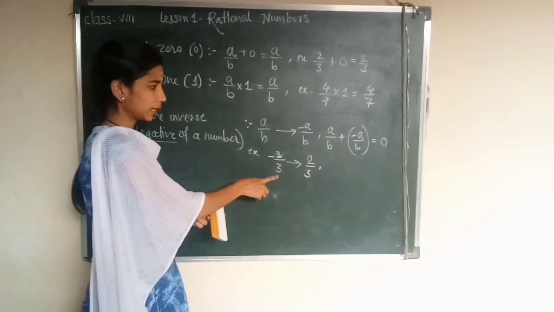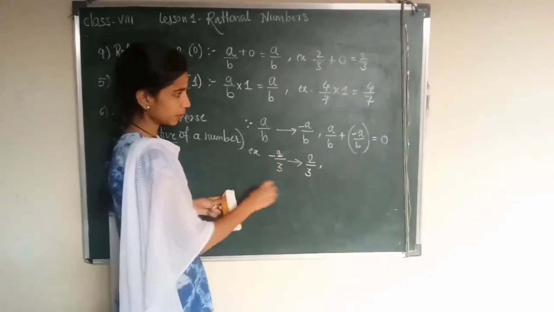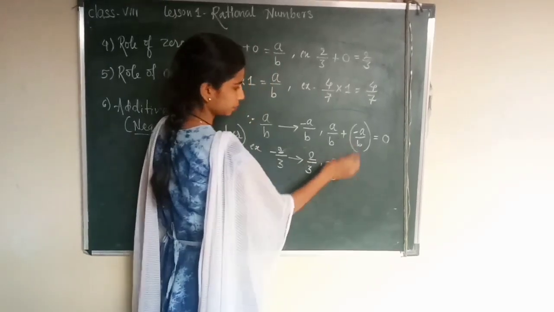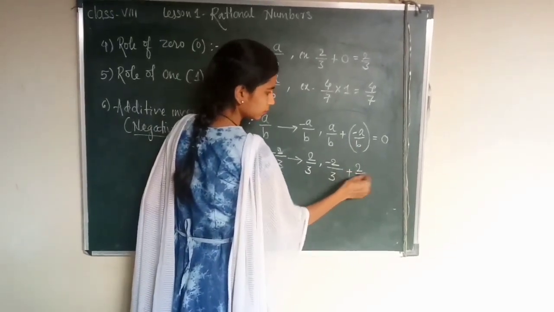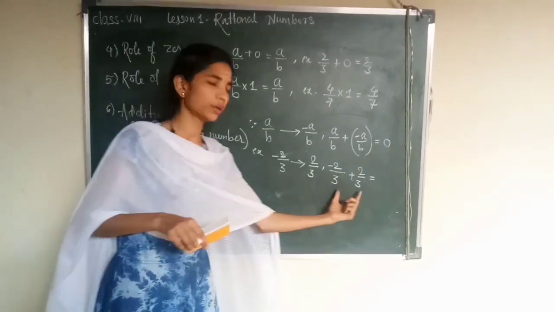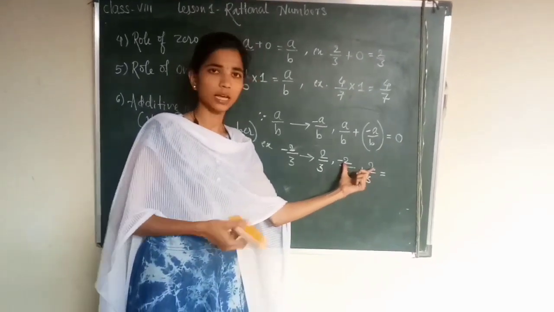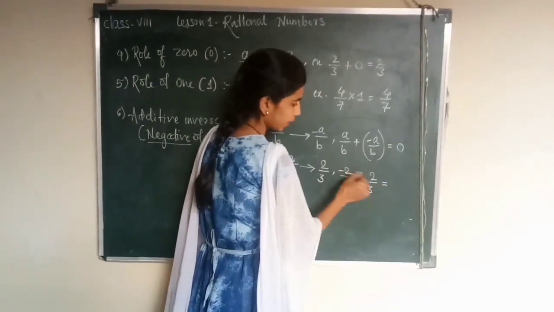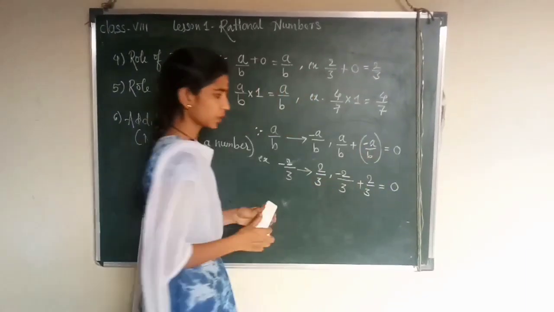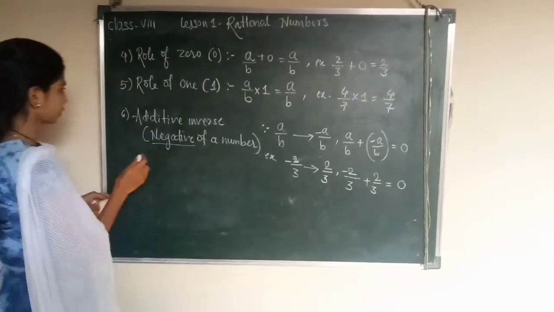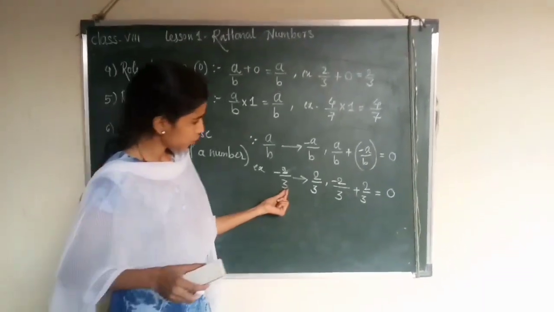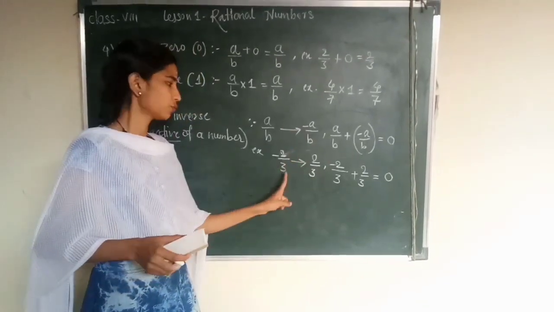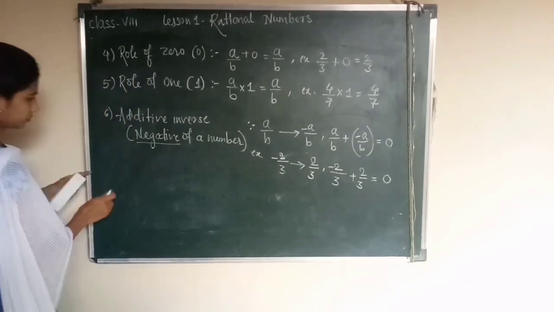And their sum, minus 2 by 3 plus 2 by 3, is equal to, since the denominators are same, we can directly add the numerators. So minus 2 plus 2 is 0, and 0 by 3 is 0. Then we can say that minus 2 by 3 is the additive inverse of 2 by 3, and 2 by 3 is the additive inverse of minus 2 by 3.